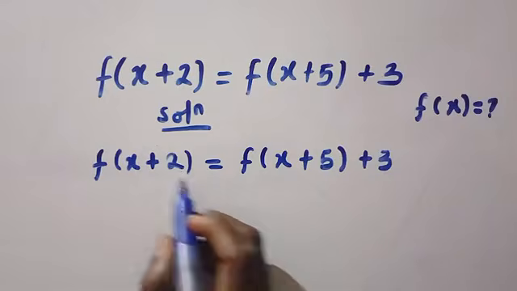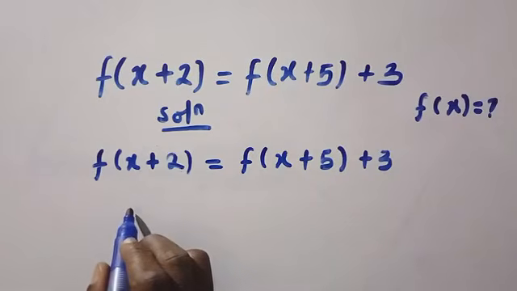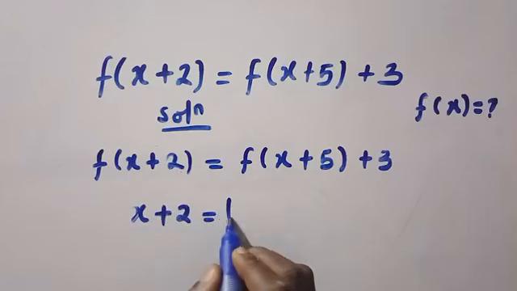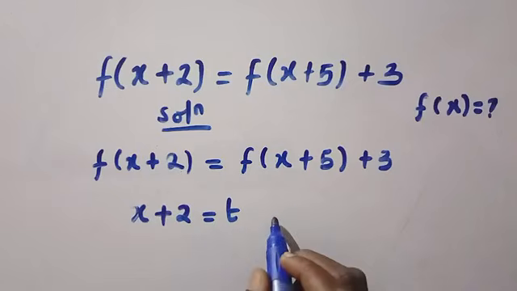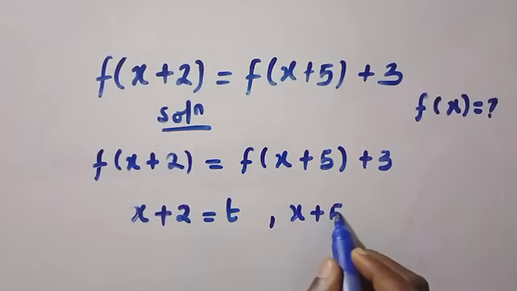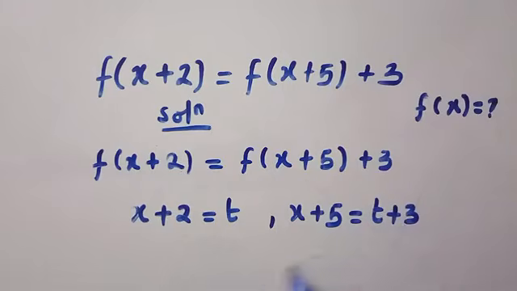But to do that, we are going to use changing of variables. We are going to let x plus 2 equal t. And if x plus 2 equals t, we are going to have x plus 5 equals t plus 3.